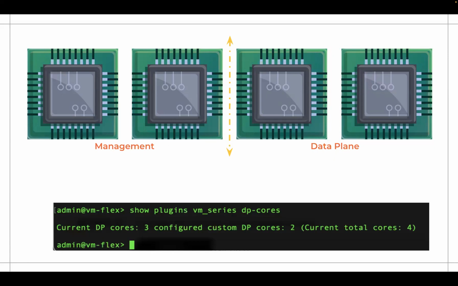The trade-off being you may have longer commit times with fewer management plane vCPUs, but you may be able to support more throughput or handle more sessions with more data plane vCPUs. But that is fully customizable since PAN-OS 10.1, and I find that a lot of customers are unaware of the fact that they can affect the number of vCPUs assigned to the management plane and data plane.